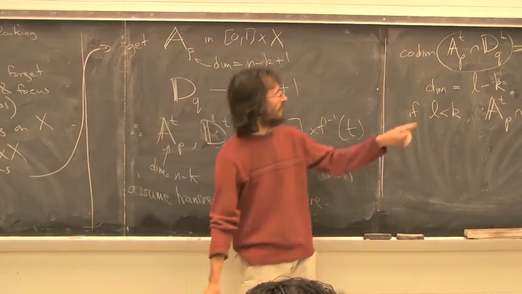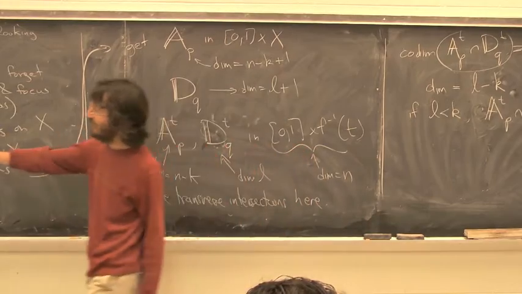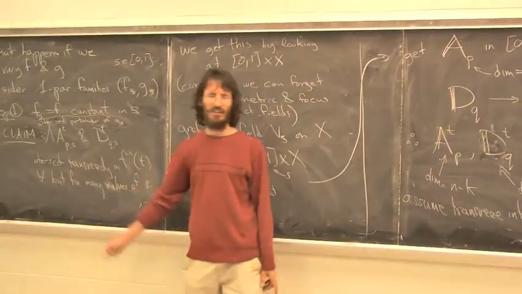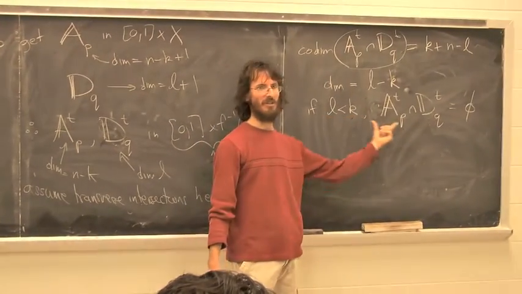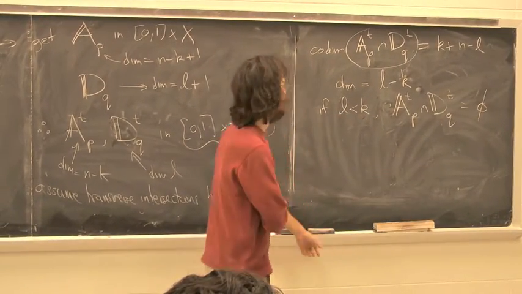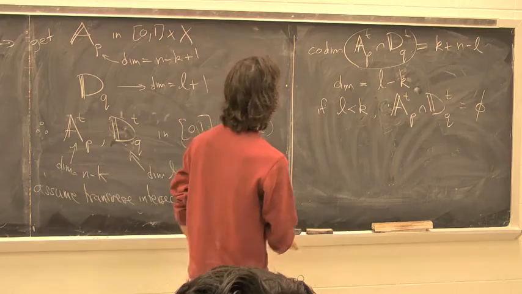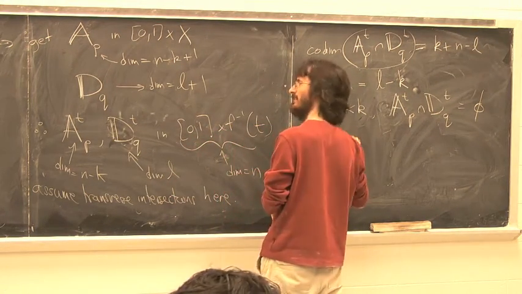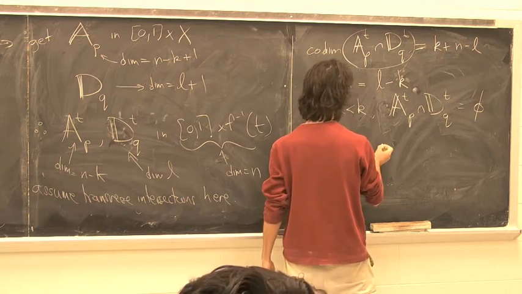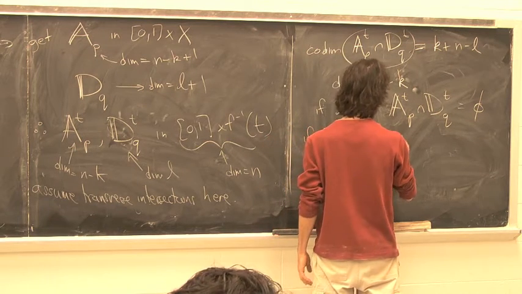But if you now have two time parameters, and you do all these arguments again, when l is equal to k minus 1, you can have points of intersection. Okay, but if l equals k, then you might have points.